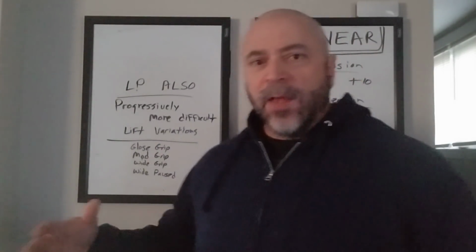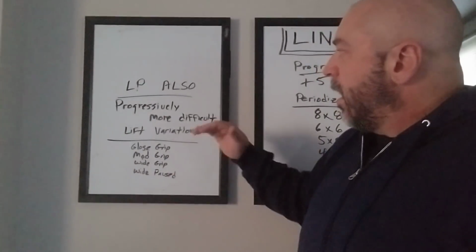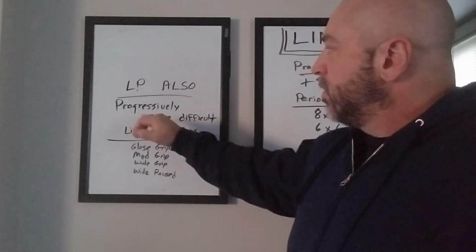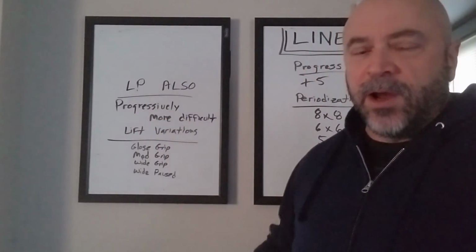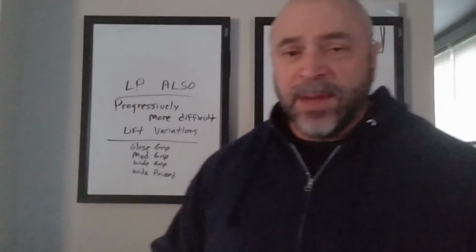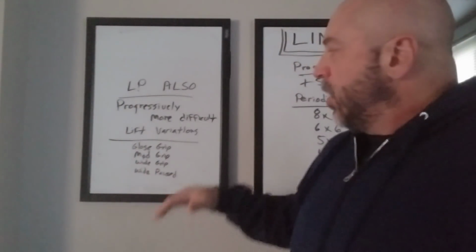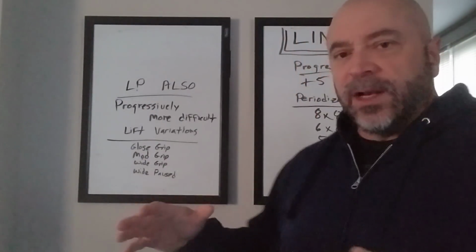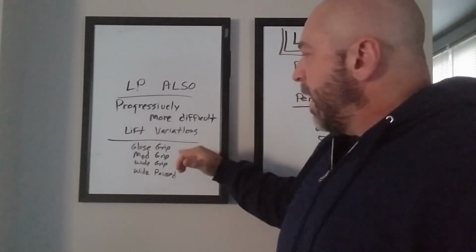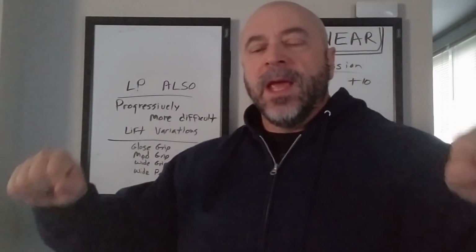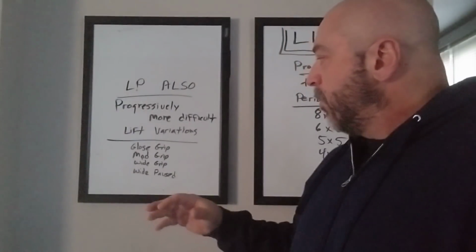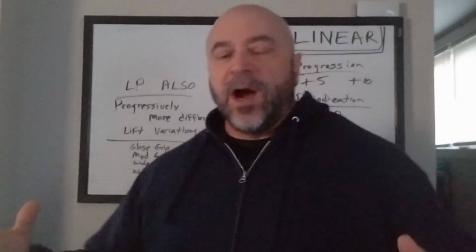Now, there are some other ways to periodize when it comes to linear periodization. One thing you can do is do progressively more difficult lift variations. What does this mean? Well, over time, you could move from, say, a close grip bench press, which is a little bit lighter variation, to a moderate grip bench press, and then move on to a wider grip bench press, and then these are all touch and goes, and then finally you could move to a wide grip pause bench press.